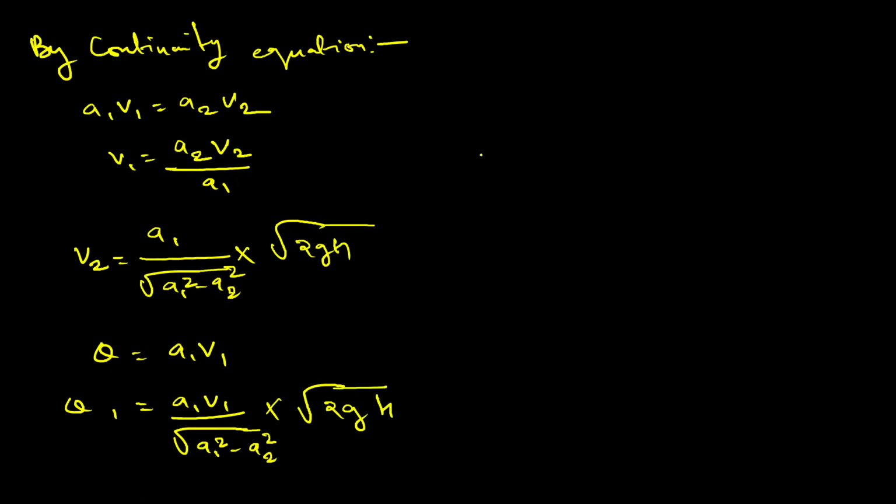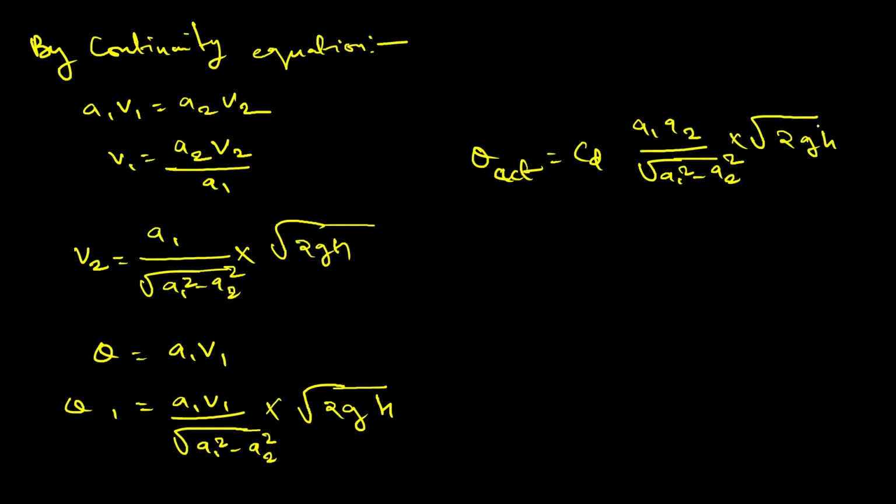After that I get Q actual is equal to coefficient of discharge CD into a1 a2 upon root over of a1 square minus a2 square into root over of 2gh.